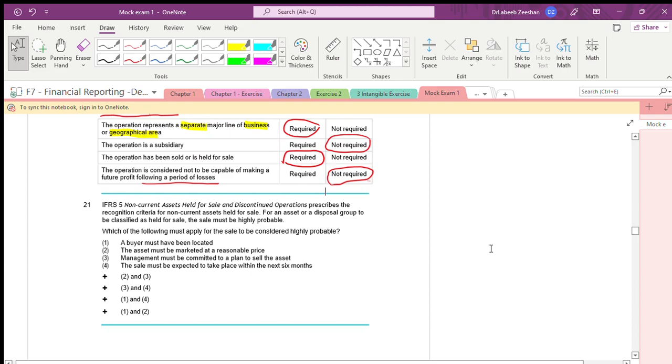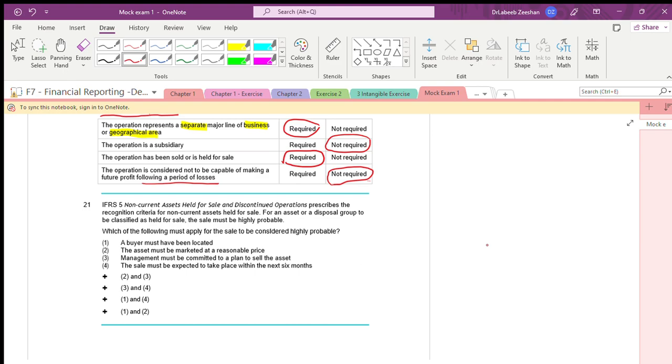Fine, good. You tell me, I will give you time, and inshallah it will work. What does it say? IFRS 5 non-current assets held for sale and discontinued operations describes the recognition criteria for non-current assets held for sale.